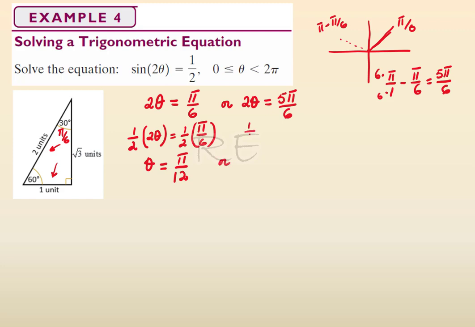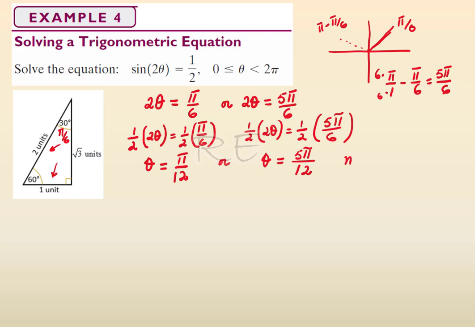Or half of 2 theta is equal to 1/2 of 5 pi over 6. The two cancel. Theta is equal to 5 pi over 2 times 6, 12. 5 pi over 12.